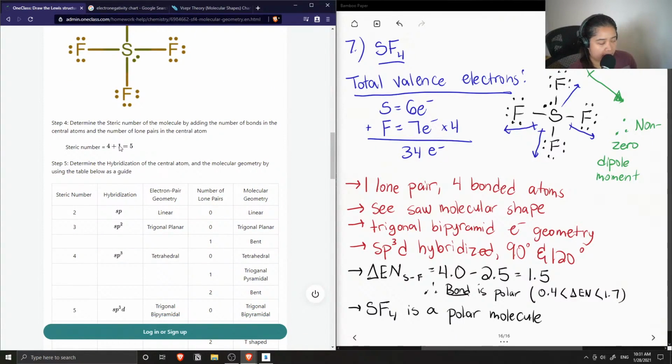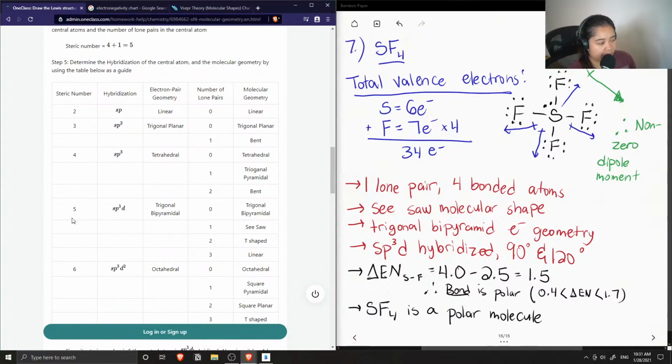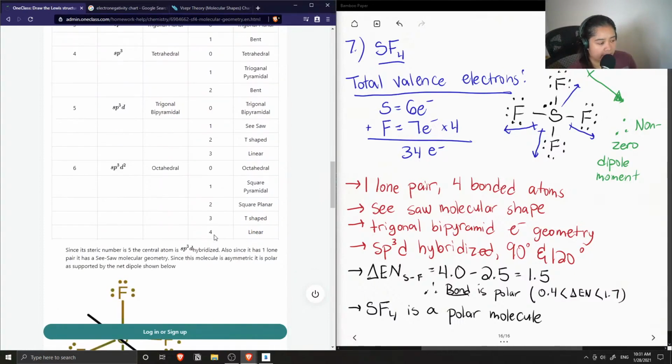Now they determined the steric number. This is the same thing as adding the number of lone pairs with the number of bonded atoms, and they got 5. And when you have a steric number of 5, it is sp3d hybridized. The electron pair geometry is trigonal bipyramid, and because there was one lone pair, we have a seesaw molecular geometry.